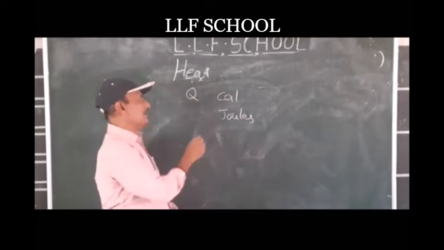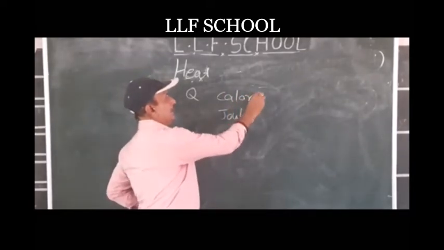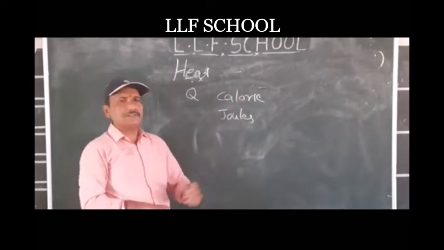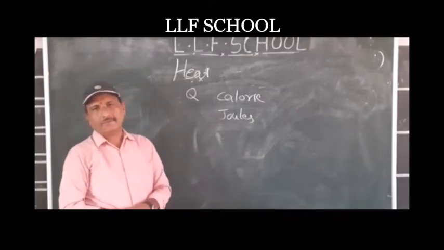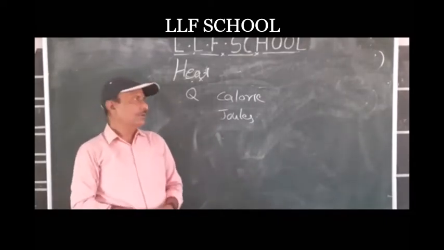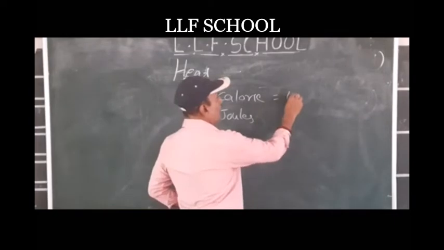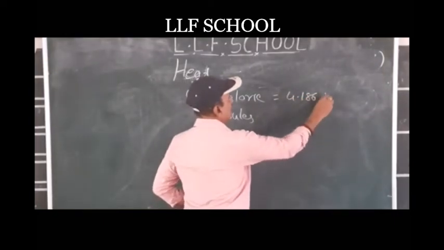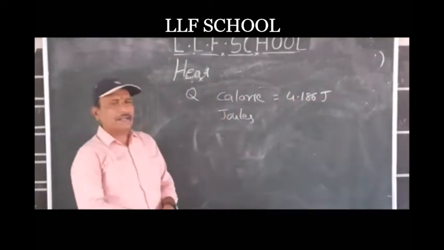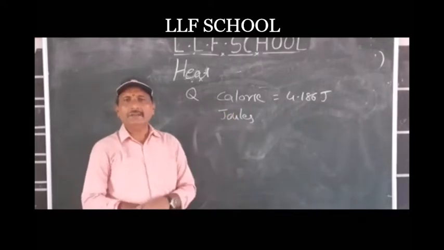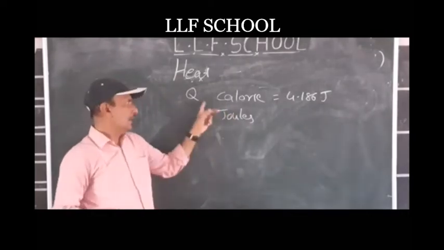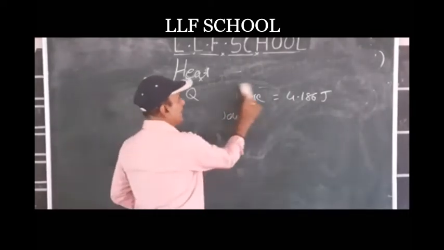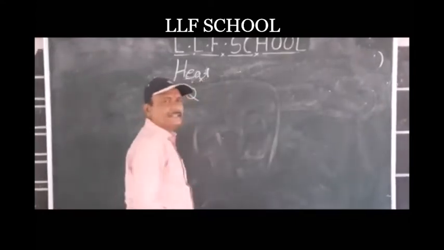The CGS unit of heat is the calorie. The SI unit of heat is the joule. 1 calorie equals 4.186 joules.